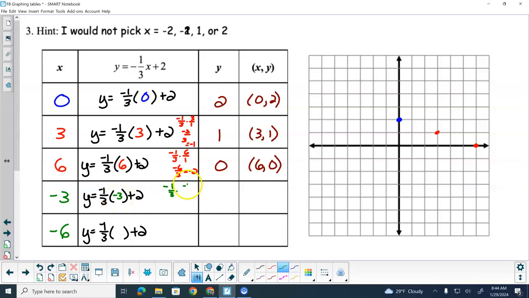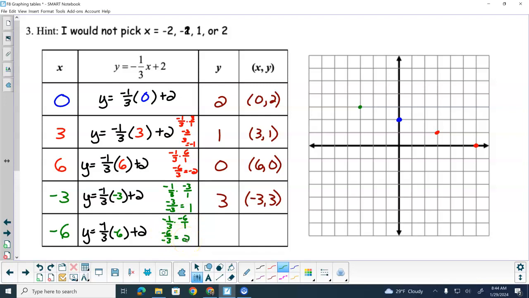-1/3 times -3/1 is going to be -3 divided by -3, which is going to be positive 1. Then plus 2 is going to be 3. -1/3 times -6/1 is going to be -6 divided by -3.